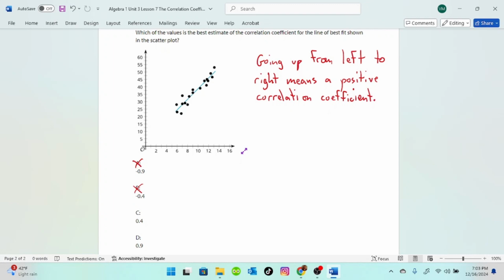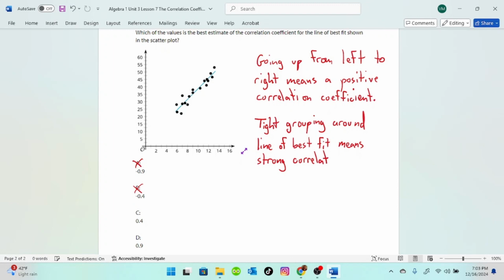If they're tight, like they are, so tight a grouping around the line of best fit means strong correlation, near 1.